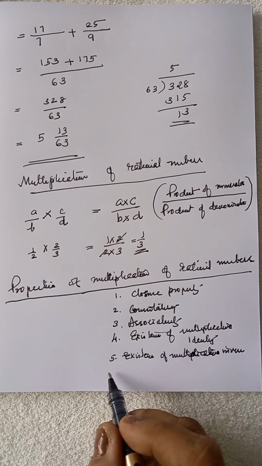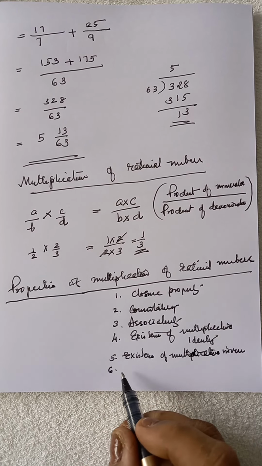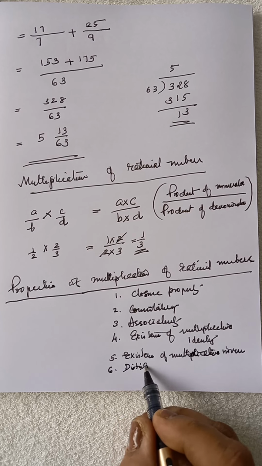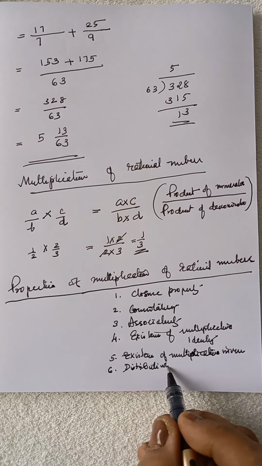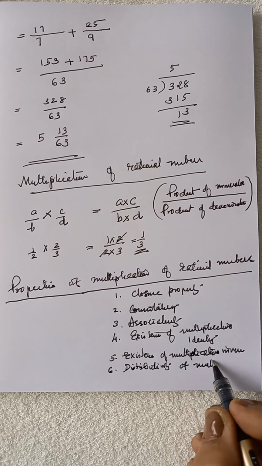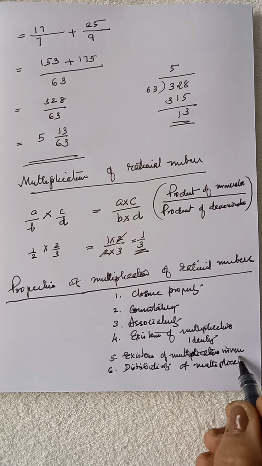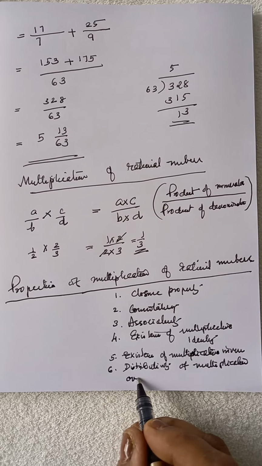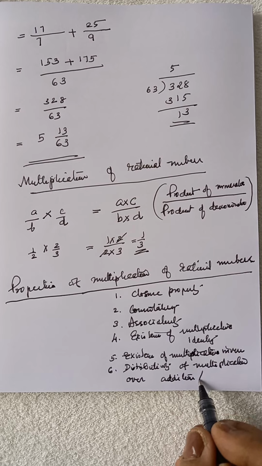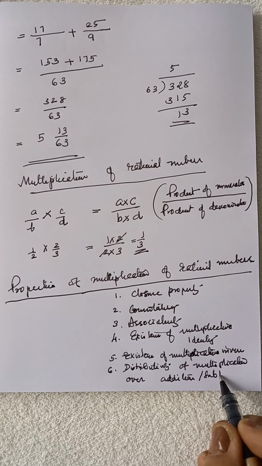Now one more is there, that is sixth one, that is distributivity of multiplication over addition. That is the same as subtraction also, so we can include that also.